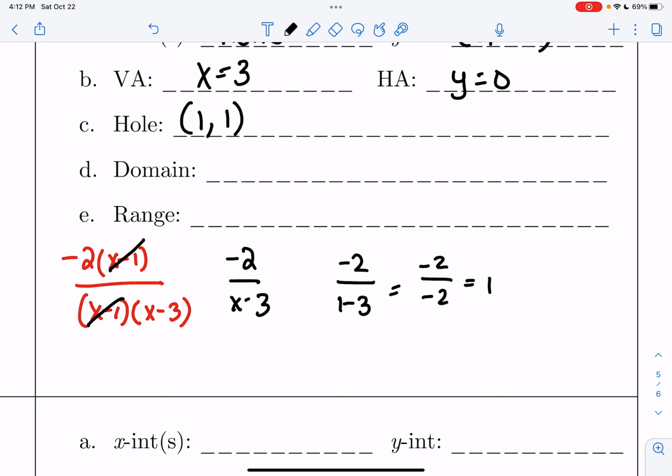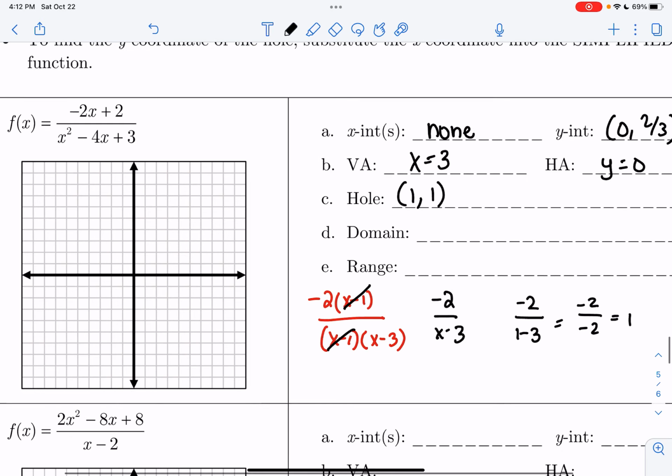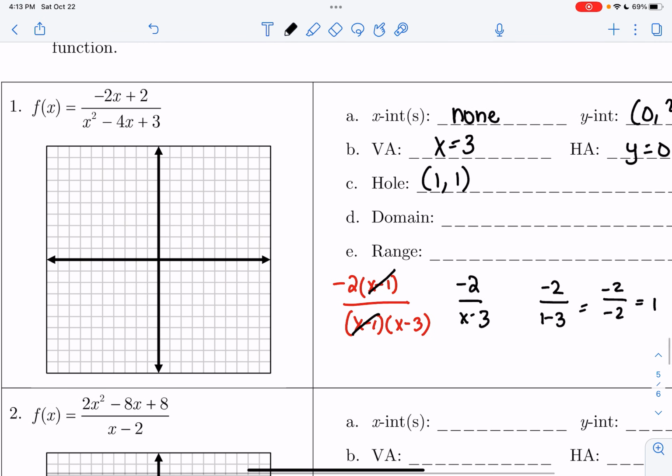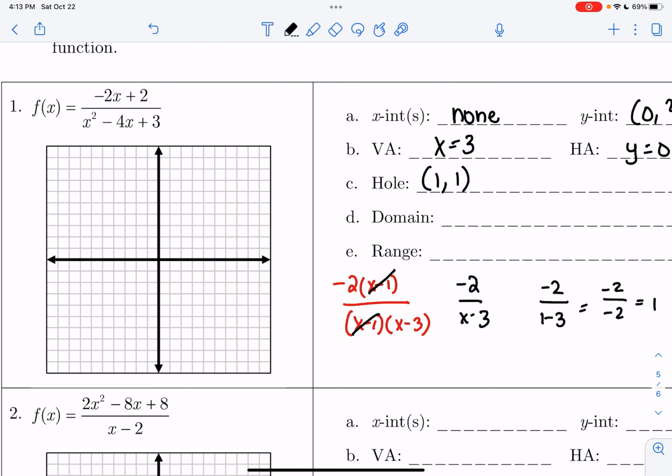I'm going to focus on the domain and range at the very end, just because I want to look at the graph and visualize it using the graph. Given all of these characteristics, I can graph my vertical asymptote, my horizontal asymptote, my y-intercept, and my hole. I don't like black. Let me do red so that you can see it.